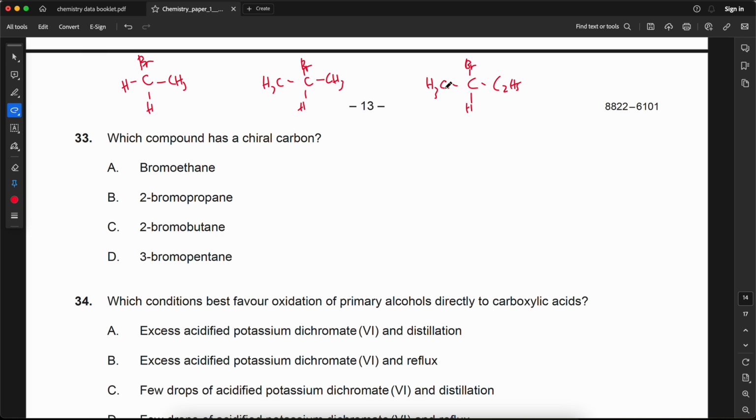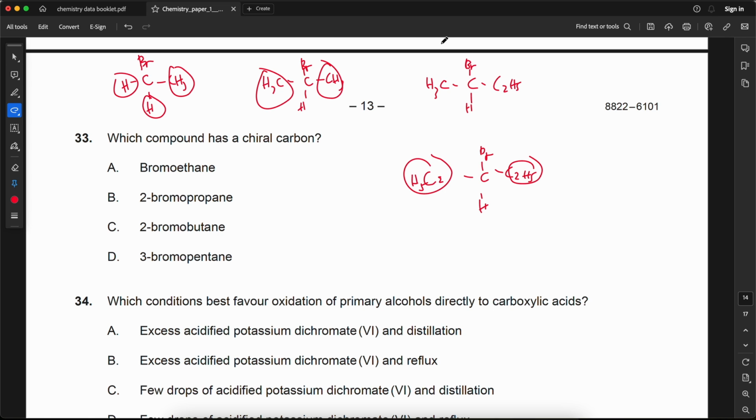So 1, 2, 3, 4, 2-bromobutane. And the D, C2H5, CBr, HC2H5. The same. Sorry, not the same, but for this one, different. So a chiral carbon is bonded to four different groups. So the answer will be C.